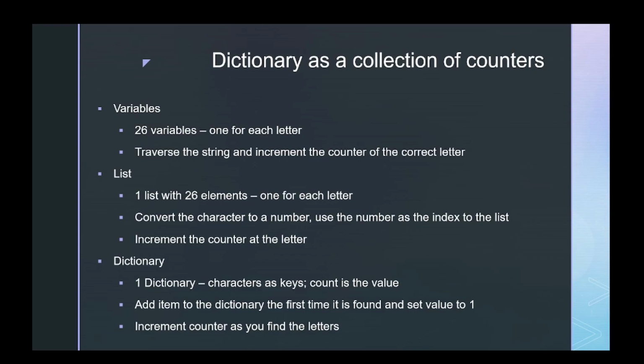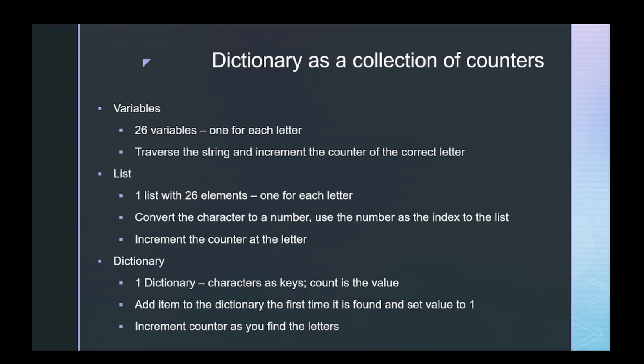If I were to do it with a list, I would have one list with 26 elements, one for each letter. I can then strategically do it so that my index reflects the letter, and so I can convert my character to a number and then use that number as the index into the list. Once I find the proper location in my list, I can then increment the counter at that letter.